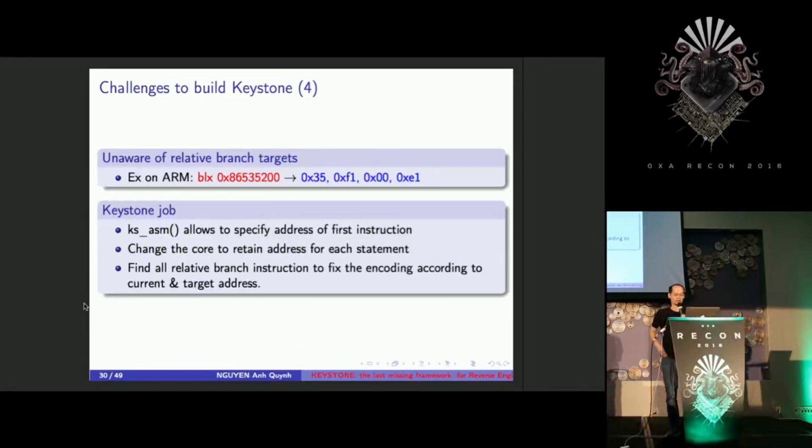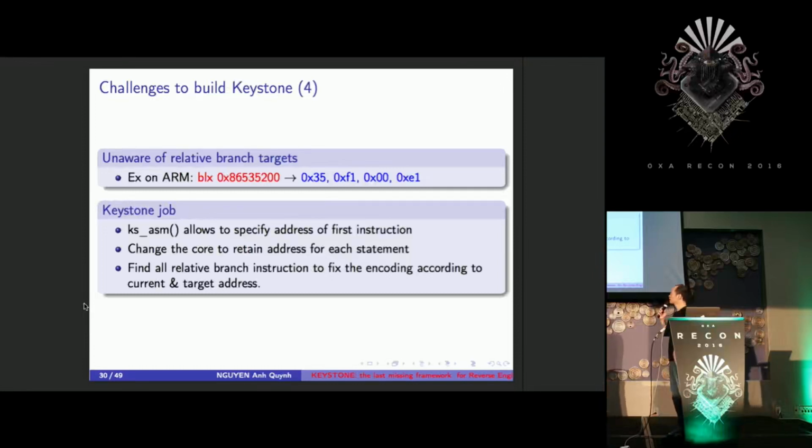So the next challenge is that the assembler inside LLVM MC is not aware of relative branch targets. For example, on ARM, you compile B with a target address, and it will return something like that from LLVM. But actually, this one is wrong, because this instruction depends on where you position it. So it depends on the distance between your place and the target.